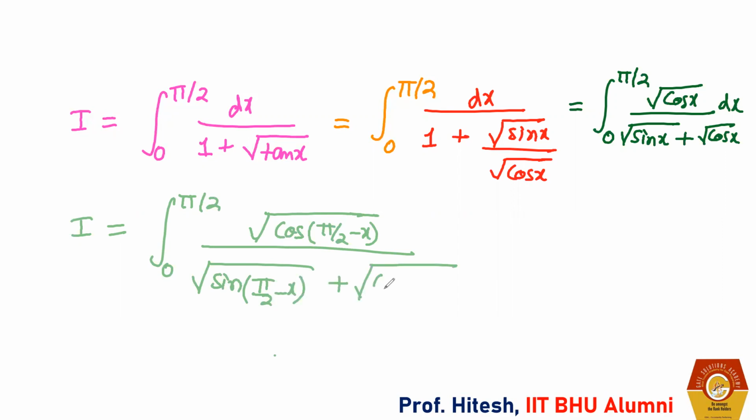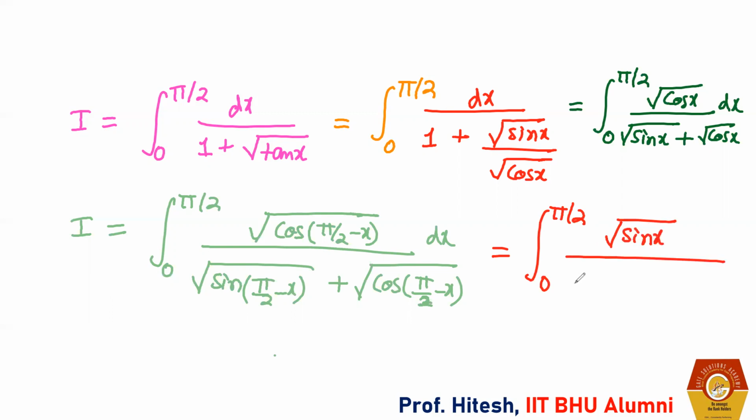Under root cos of pi by 2 minus x, isn't it? So you can say it is equal to the integral from 0 to pi upon 2 of under root sin x divided by under root cos x plus under root sin x, and this is dx. This is also I, and this is also I.